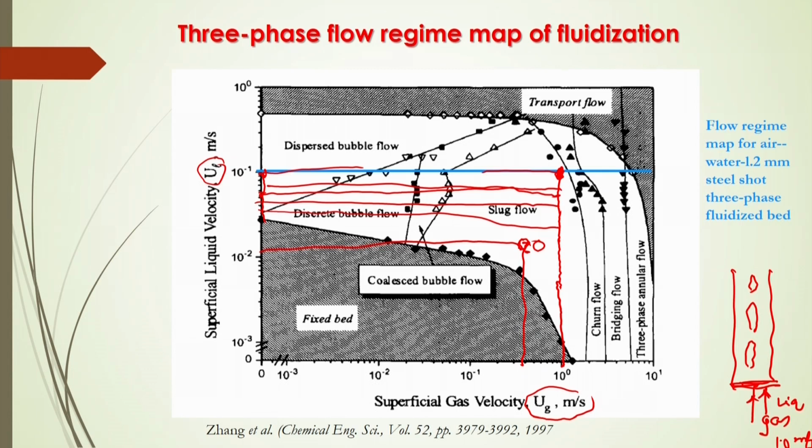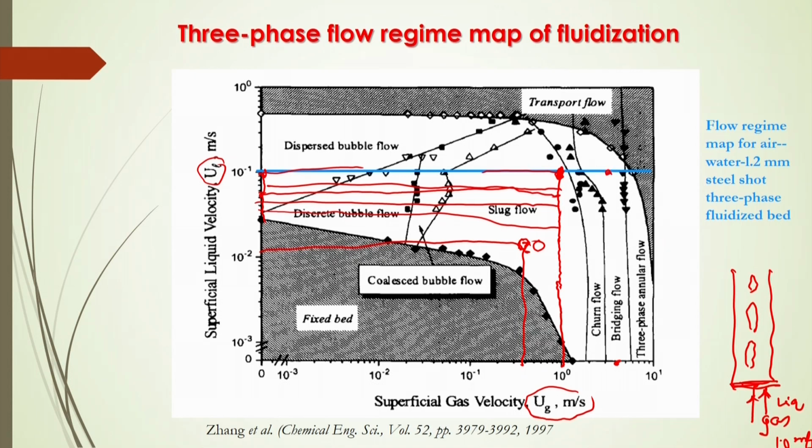Now, you want to get the breathing flow. What to do? Now, you have to maintain the gas velocity here at this point. Suppose here this is 1, 2, 3, 4. This is suppose 4. So, 4 meter per second, if you are maintaining the gas velocity as 4 meter per second, then what should be the liquid velocity to get this breathing flow here?